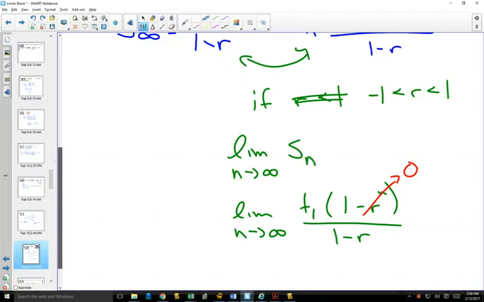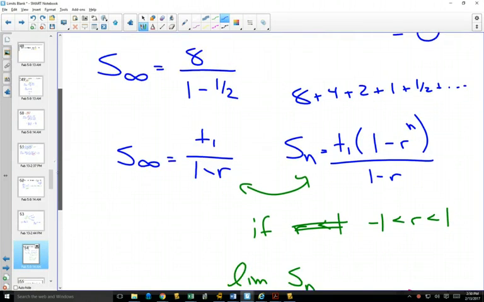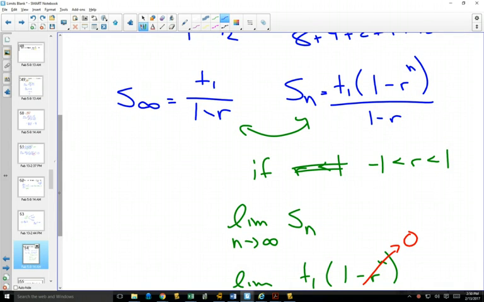And then our complicated looking formula that we learned in grade 11 with 1 minus r to the n over 1 minus r just became this very simple formula, term 1 over 1 minus r. But you didn't have limits back in grade 11, so you just got this formula. Sum to infinity is this. But now you can see where that comes from.